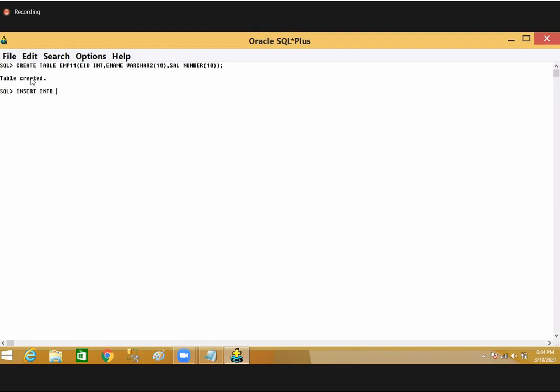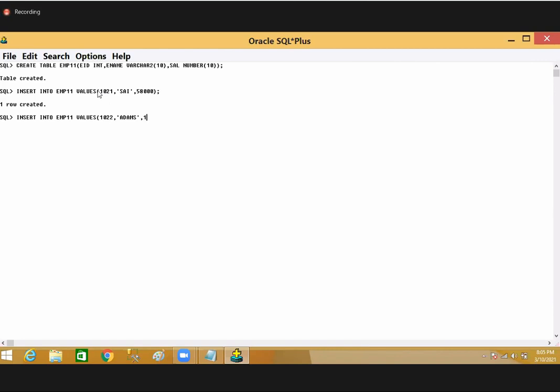Later I'm inserting a few records into this employee table. Let you see here. Employee ID 1021, the name is Sai, and the salary is, for example, 58,000 rupees. Like this, I'm inserting a few employees' information into this table.